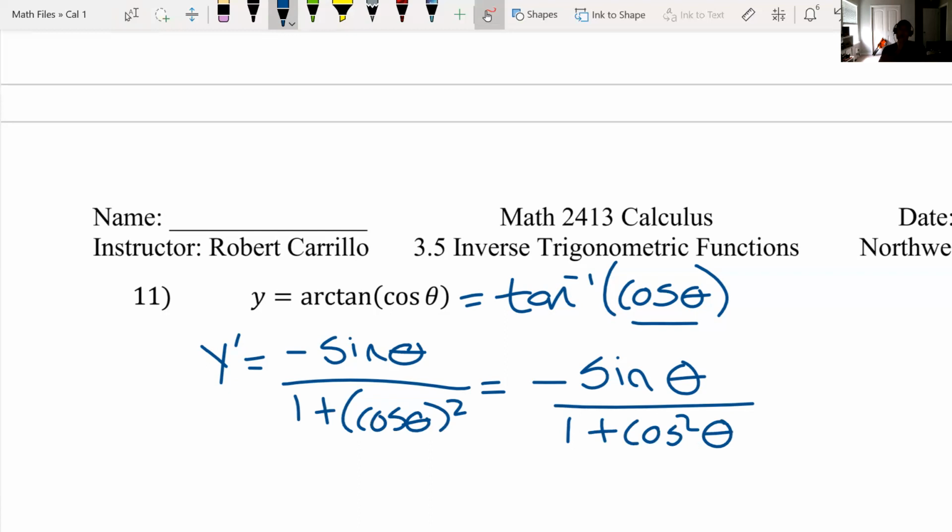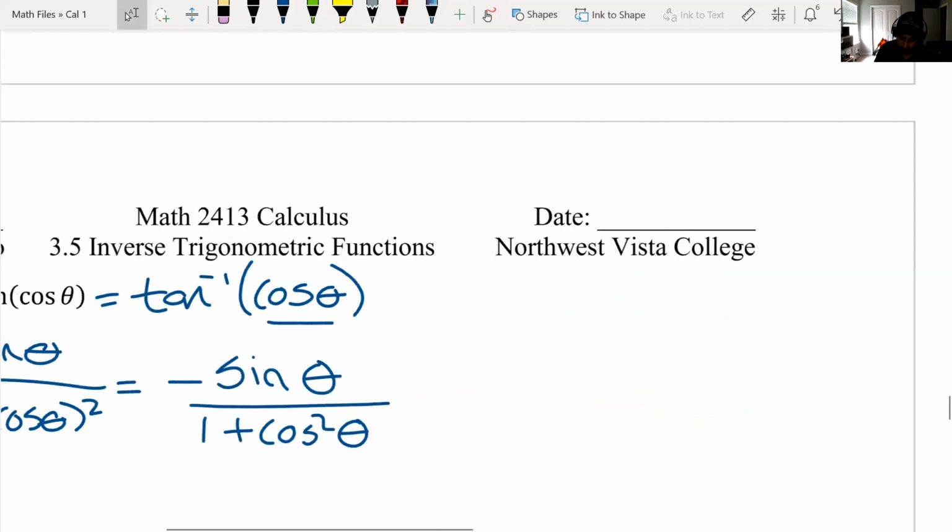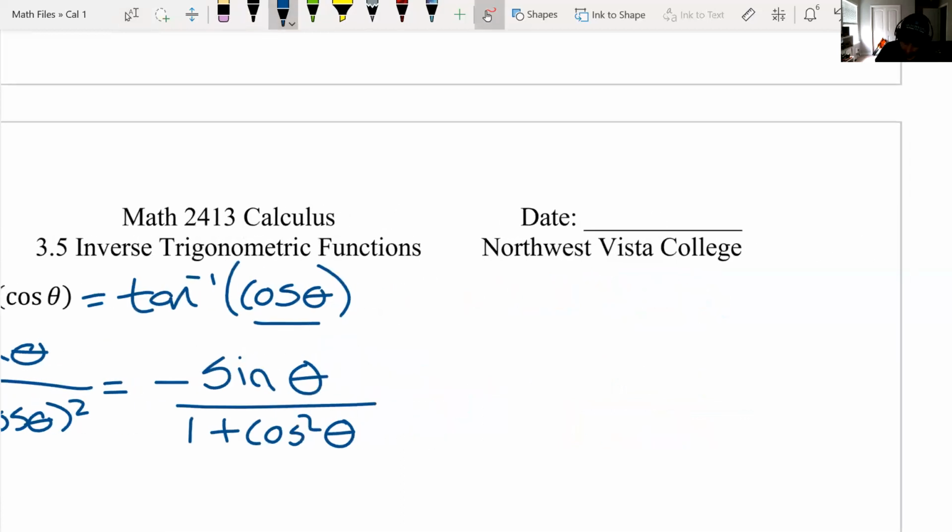Negative sine theta over 1 plus cosine squared theta. Now, could we go further? Possibly, possibly not. We could end there, because cosine squared is the same as 1 minus sine squared, or 1 minus 2 sine squared theta. No, that's cosine 2 theta. So cosine squared, I don't know, worth a try. Maybe not, maybe we're done. Maybe we're not done, let's see.